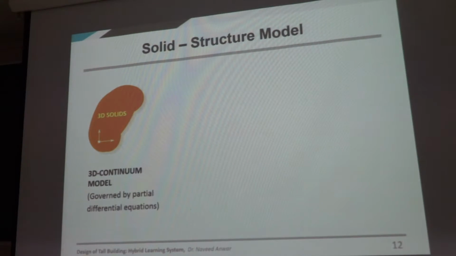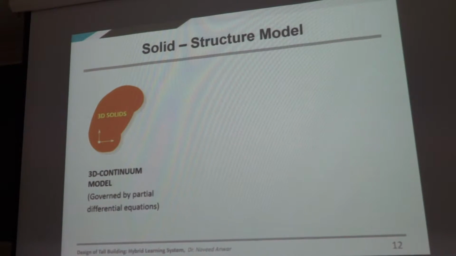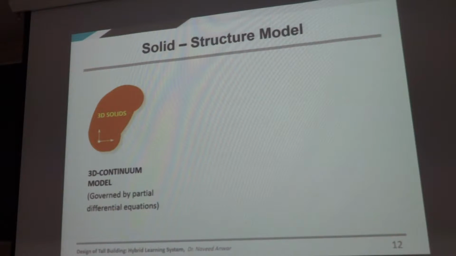So as I was saying, this slide I borrowed from Professor Watson when he used to teach us 30 something years ago. I'm still using his slide because it still conveys the meaning. It shows a 3D continuum model governed by partial differential equations, which I showed you.